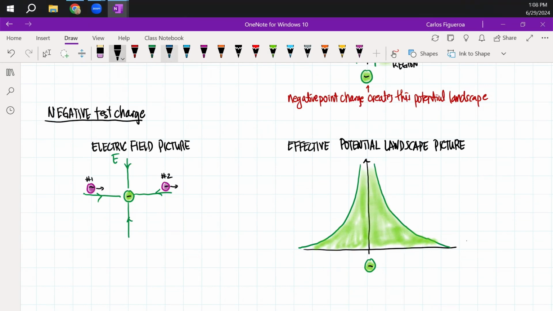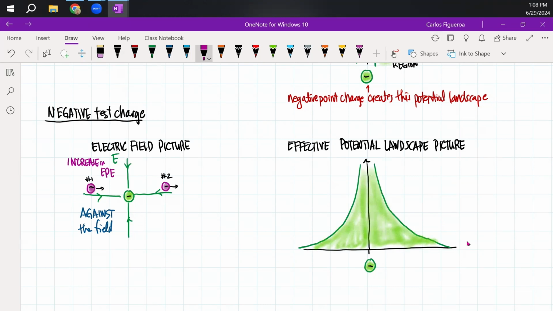In this first case, we can clearly see that this is against the field. So if you're going against the field, that means that should be an increase in electrical potential energy.